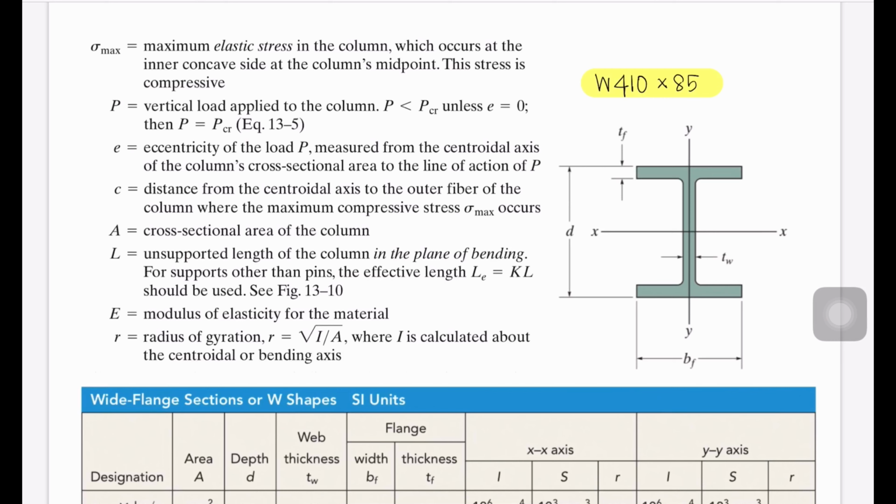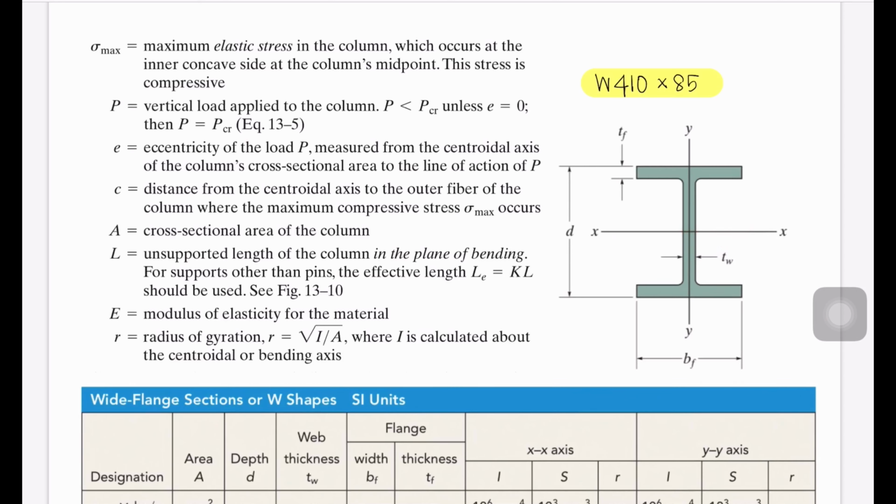So the maximum distance, for example, if the force itself is here, the distance should be here. This is your C. What happens if your force P is located here? Then C is half of this width. You have to be clear about this.